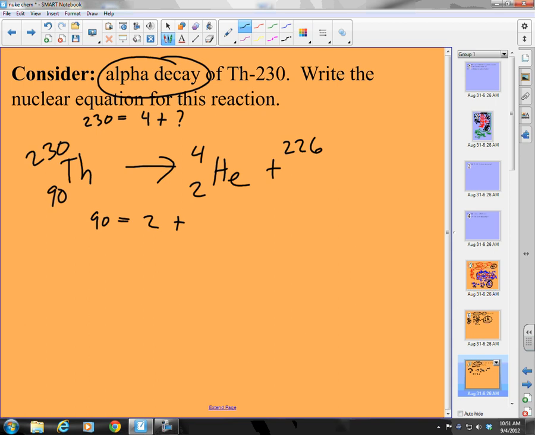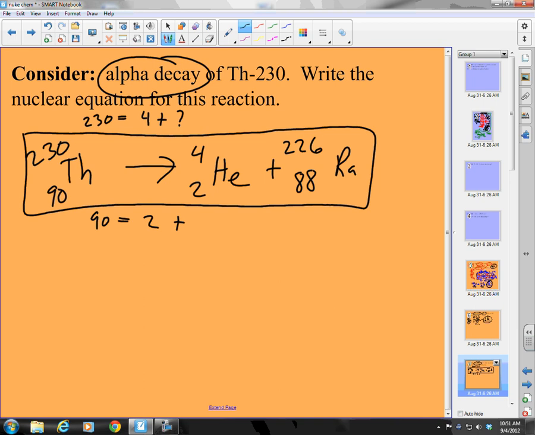My unknown must be what? 88. I look on the periodic table. 88 is what? Radium. Good. So this would be my nuclear equation. I have thorium-230 that's going to radium-226, and it spits out an alpha particle. Perfecto. Let's go farther.